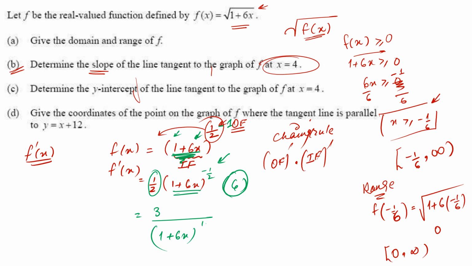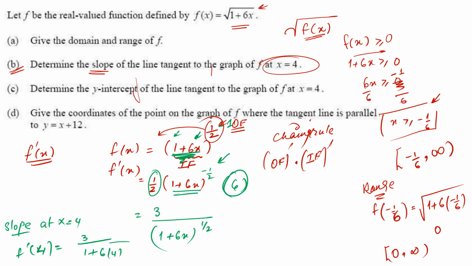Now to determine the slope at x equals 4, I will just replace the x in my derivative by 4. So wherever I have the x, I will change it into 4.